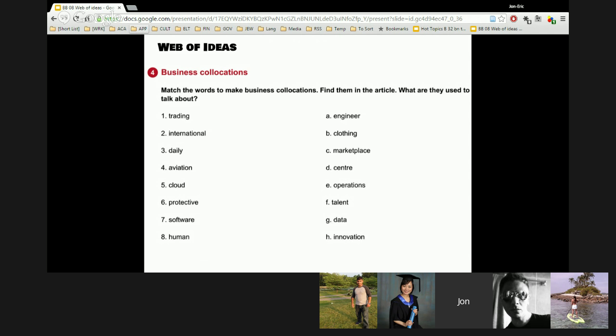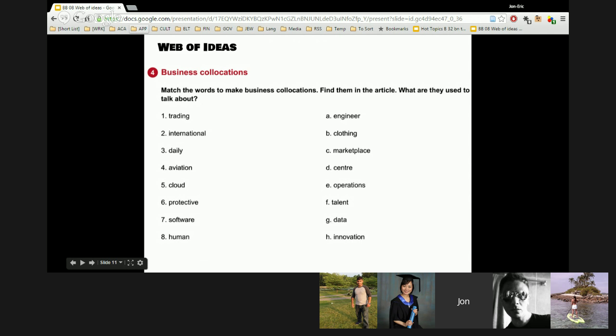Number 4 is aviation. What do you think is the best match with aviation here? Engineer. Aviation engineer? Could be. That's not a bad guess. I guess we'd probably say flight engineer rather than aviation engineer, so it's not the right answer because the normal collocation is flight engineer. But very good guess.